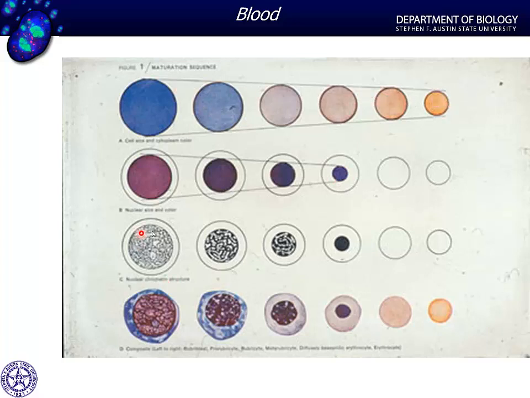Here we can see the DNA and the chromatin fairly dispersed, but that chromatin is going to become much more dense as it's compacted tightly down into just a pinpoint, very black spot. And then when you put all this together into actual illustrations of what the cells look like, here we can see the proerythroblast all the way down to our mature erythrocyte.